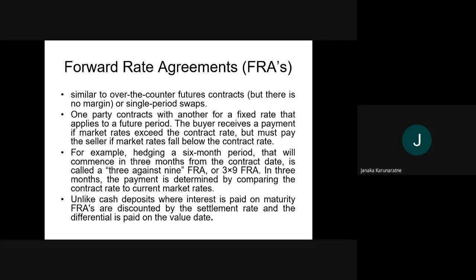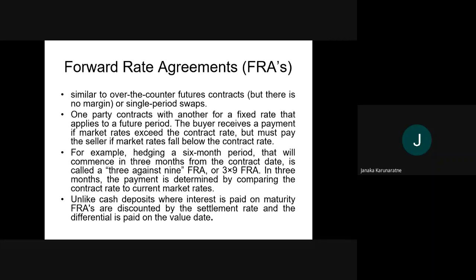One party contracts with another party for a fixed rate that applies to a future period. The buyer receives a payment if the market interest rate exceeds the contract rate, but must pay the seller if market rates fall below the contract rate. This is a typical short-term interest rate risk management instrument used by bankers.